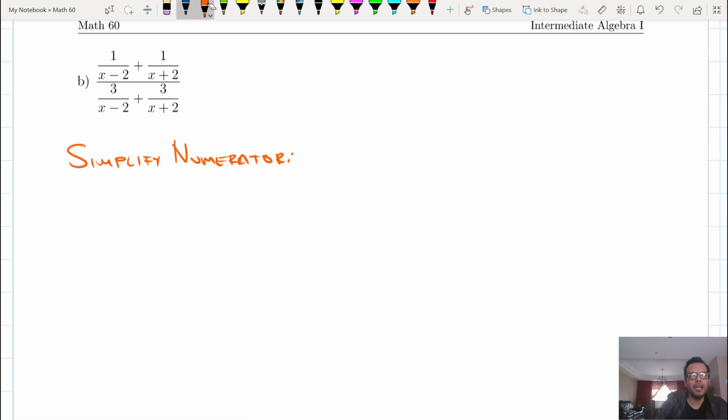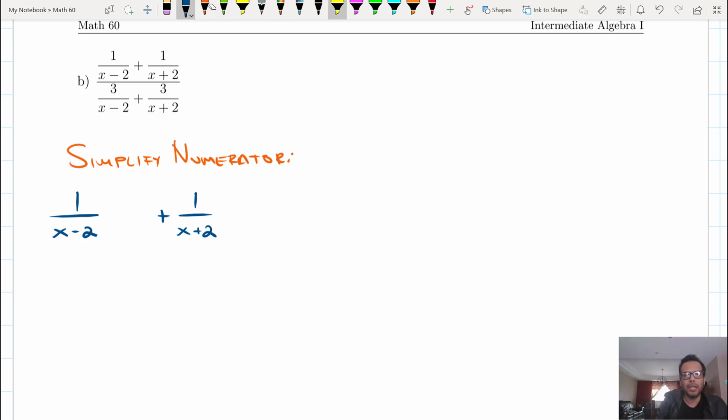Let's copy this down. However, notice the denominator of each individual fraction right here. They are not the same, so we are going to be in need of finding a common denominator, the least common denominator. So what am I going to do here? I'm going to leave some space here to multiply by a missing factor. So in this case, these two denominators, x plus 2 and x minus 2, are different.